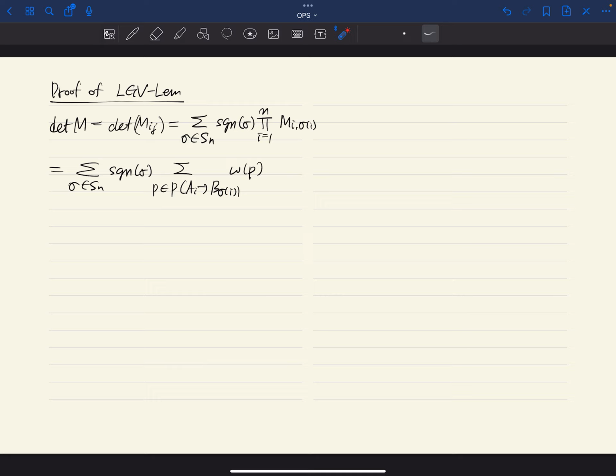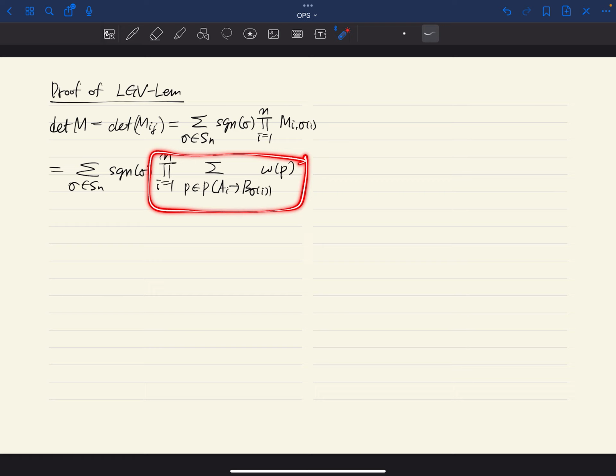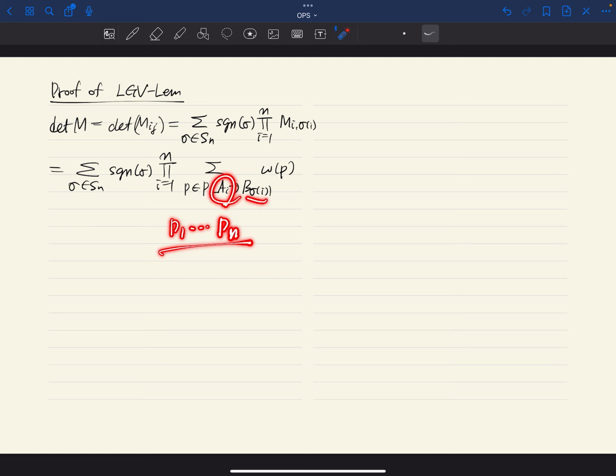But if you look at this carefully, you will see that basically this means. Oh, sorry, I forgot to add this. If you think about it, let's just label it P_i. Then we have P_1 to P_n. Starting points are A's, ending points are B's. All the ending points can be shuffled.